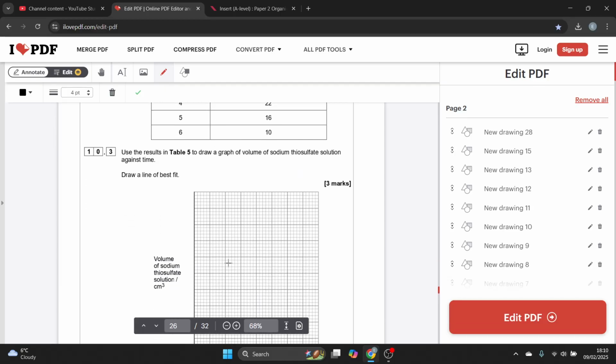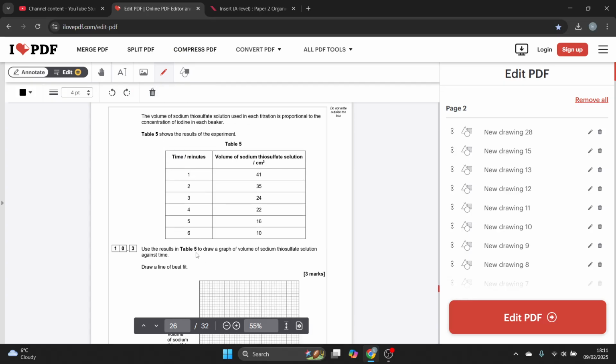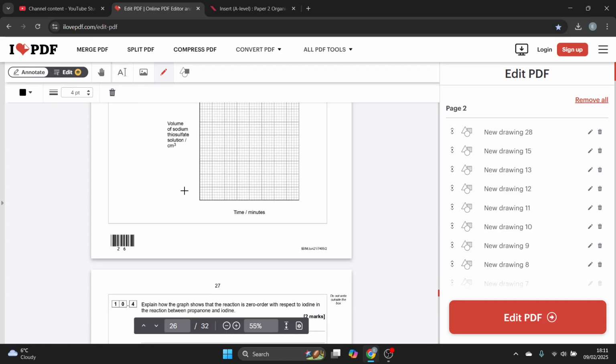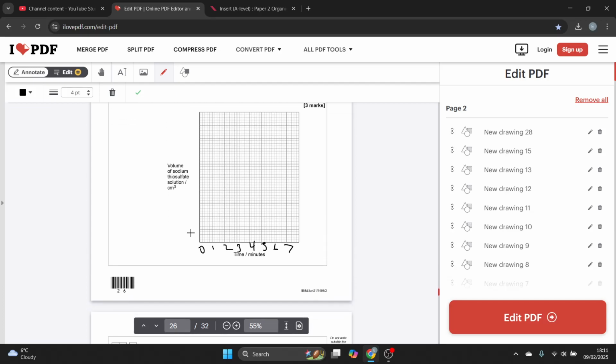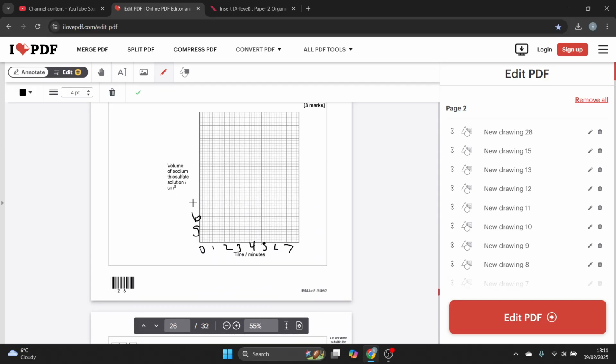Use the results in table 5 to draw a graph of volume of sodium thiosulfate solution against time, and draw a line of best fit. So you're going to have volume axis 1, 2, 3, 4, 5, 6, then 0 to 7 for time, and volume going up in 5s: 5, 10, 15, 20, 25, 30, 35, 40, 45.